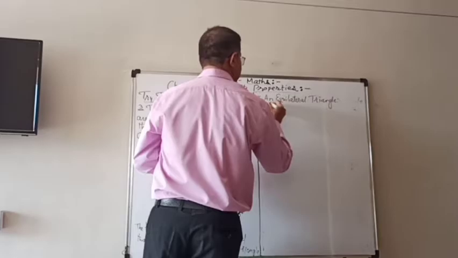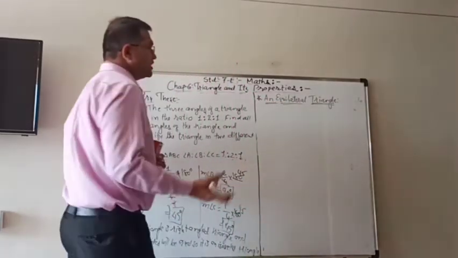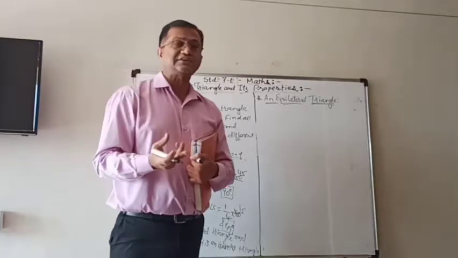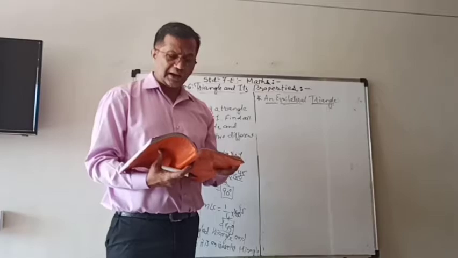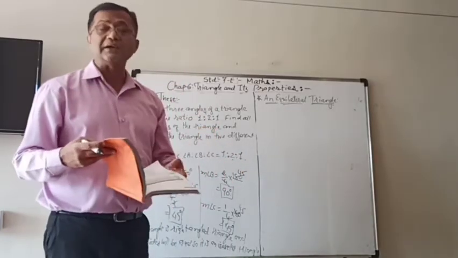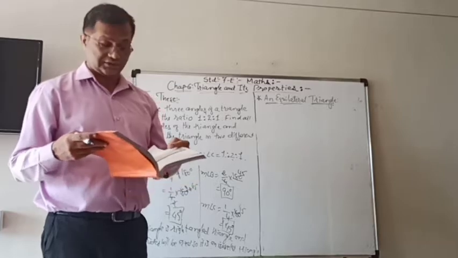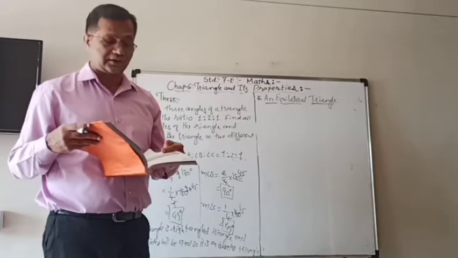What is an equilateral triangle? Equi means the same. Lateral means sides. So a triangle which has all sides of equal length is called an equilateral triangle.